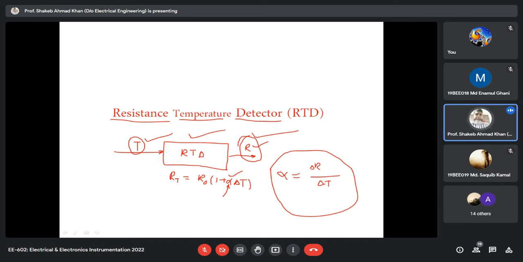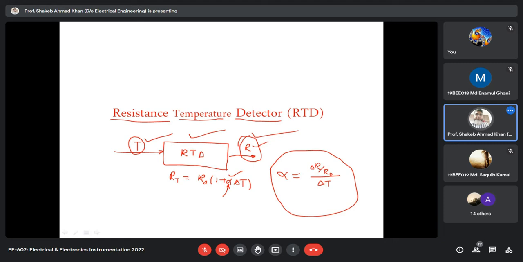So if the alpha value is more, then we'll say that the RTD is more sensitive, and if it is less, then it will be less sensitive. Now, alpha is not exactly defined by this formula, but it is formally defined as the fractional change in resistance per unit change in temperature. Although the meaning remains the same, this is also a sensitivity.